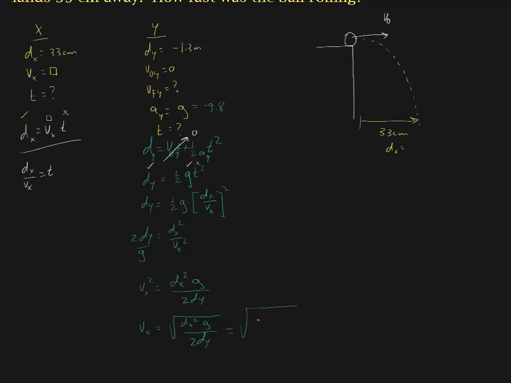Dx was equal to 0.33, and that quantity is squared, times minus 9.8, divided by 2 times minus 1.3. So you see, once again, these minus signs on these individual vectors were necessary because they have to cancel out under the square root. Let's go ahead and compute.